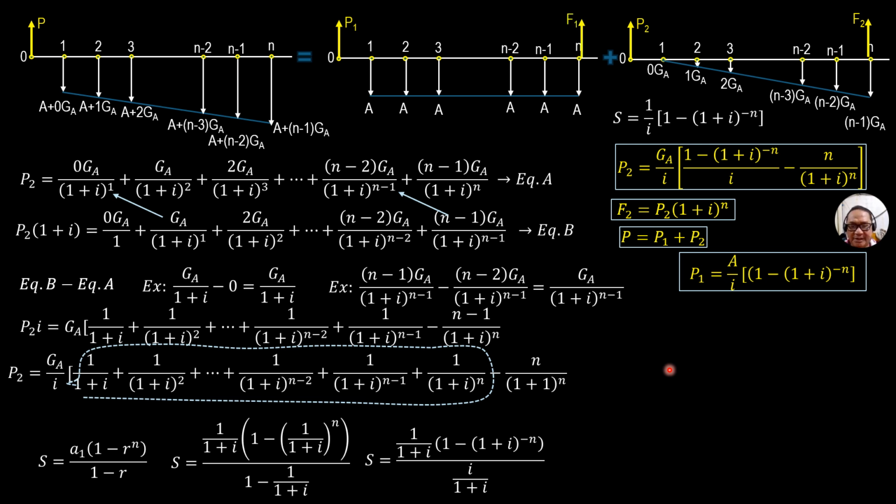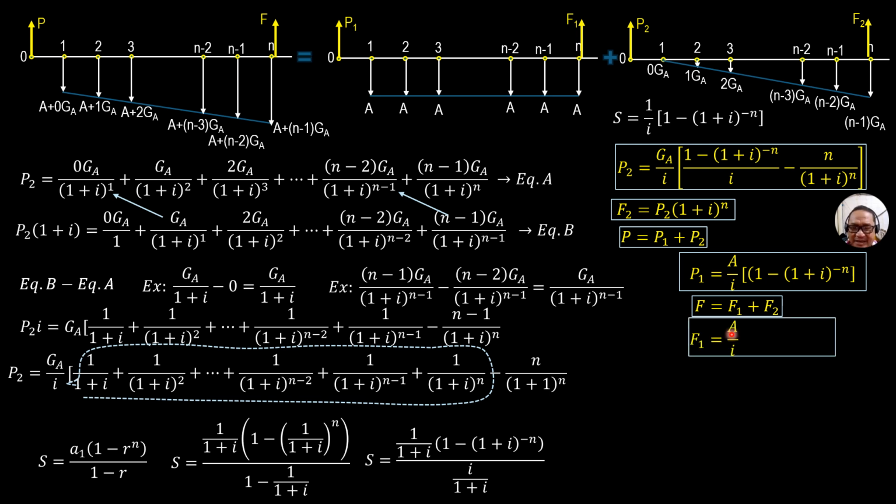Then for future worth, F1 of annuity, which is A over i, quantity 1 plus i to the n minus 1, right? And F2 is this P sub 2 here multiplied by 1 plus i to the n. So that F is simply F1 plus F2, and so that you will not be bombarded with so many formulas.